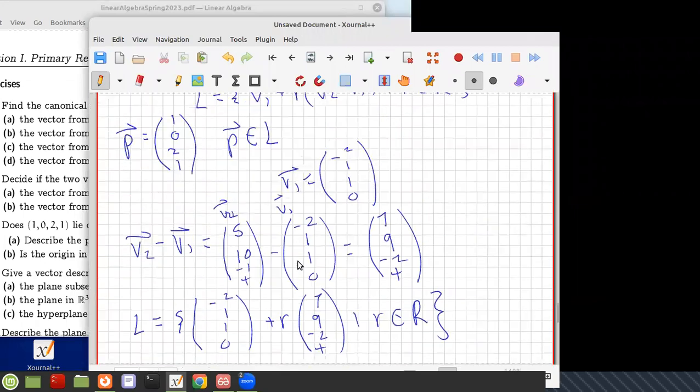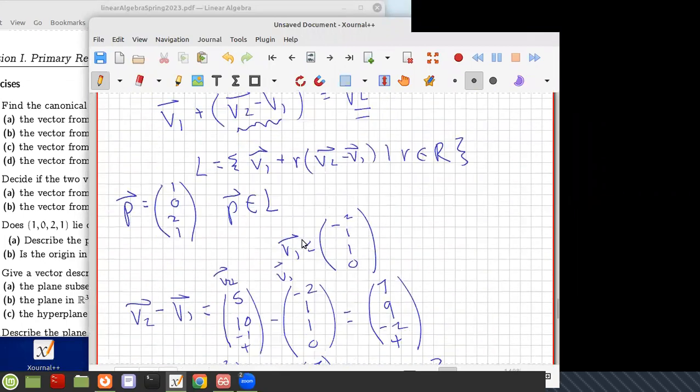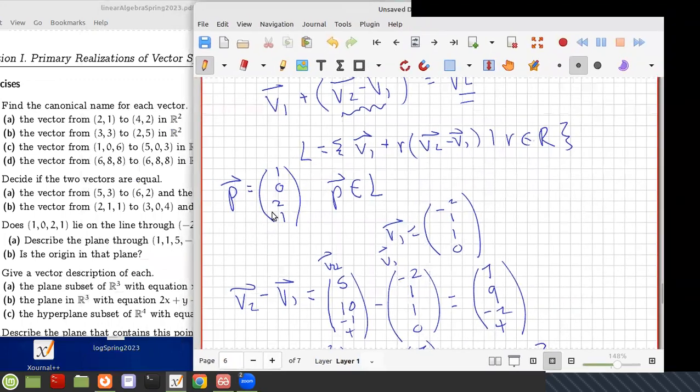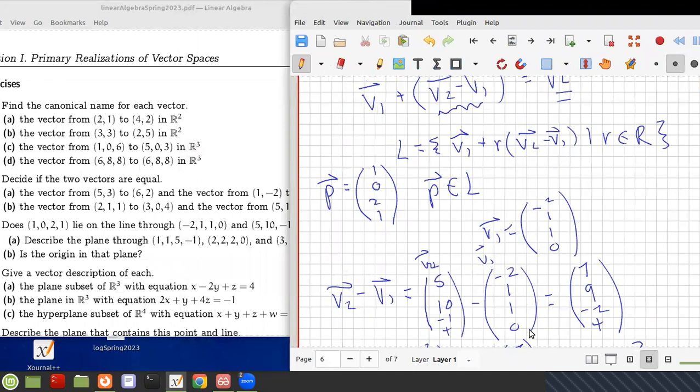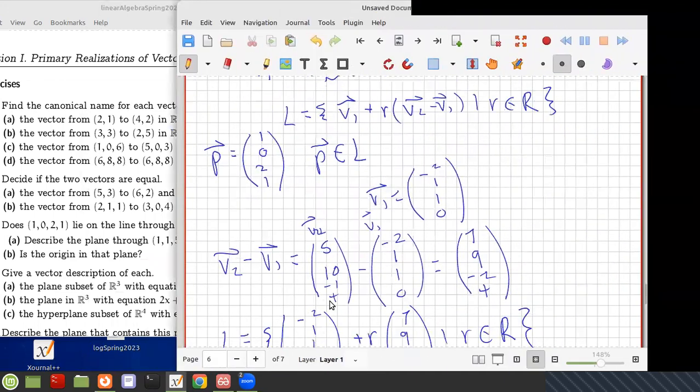the line. Now, I'd have to go through and check whether I've done this correctly. I've got (-2, 1, 0), 5, 1, 0, -1/4. I'd have to check, that's 7, 9, -2, 4.